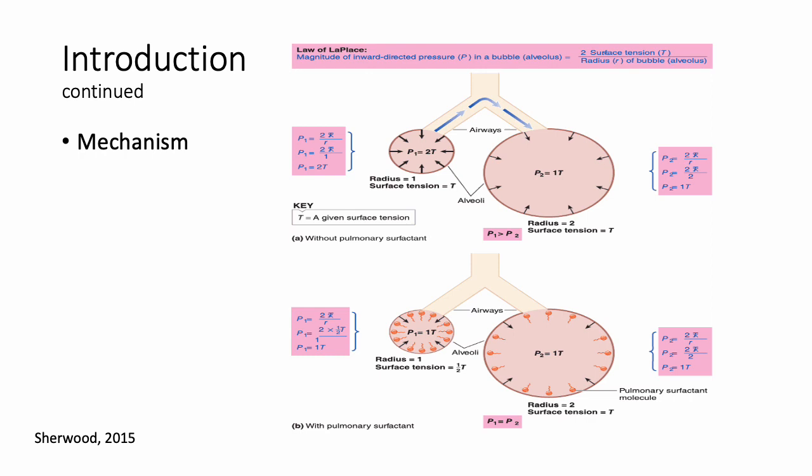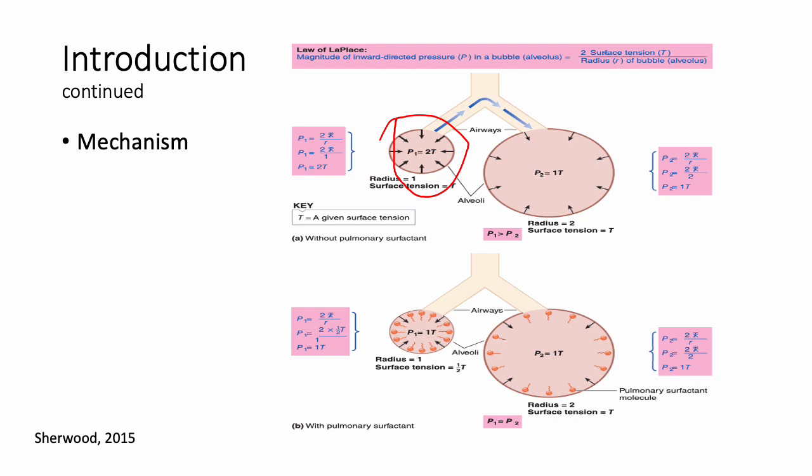Remember that the alveolar surface tension generates a pressure that is directed inward, squeezing in on the air in the alveoli. Picture a spherical bubble, as seen in the representation here at the top. Picture this circle. Now, taking in the law of Laplace into consideration, the inward direction collapsing pressure has a magnitude that is directly proportional to the surface tension and inversely proportional to the radius of the bubble.